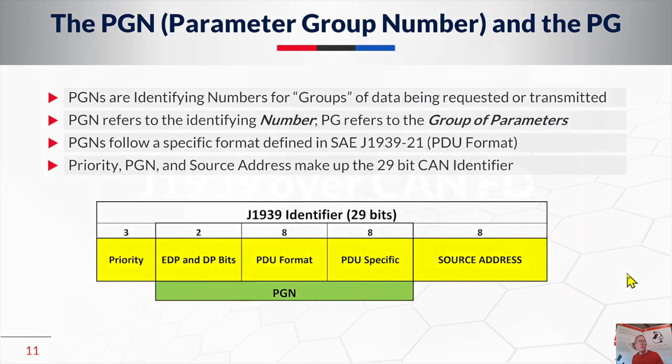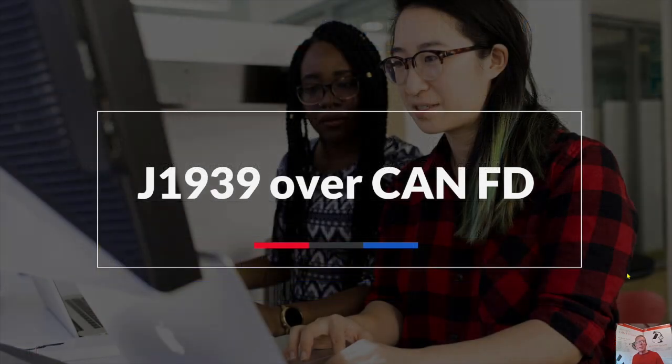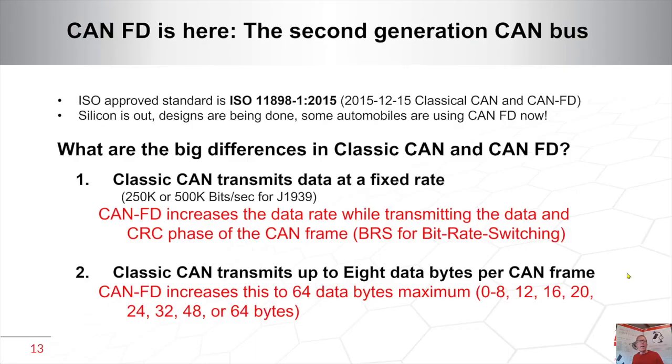Moving on from there, let's quickly look at CAN FD now that we have a basic understanding of the fundamentals of classic CAN. CAN FD adds 2 things to classic CAN. It adds the ability to do a bit rate switch and transmit the data bits at a higher rate. Classic CAN uses 1 bit rate for the entire CAN frame.